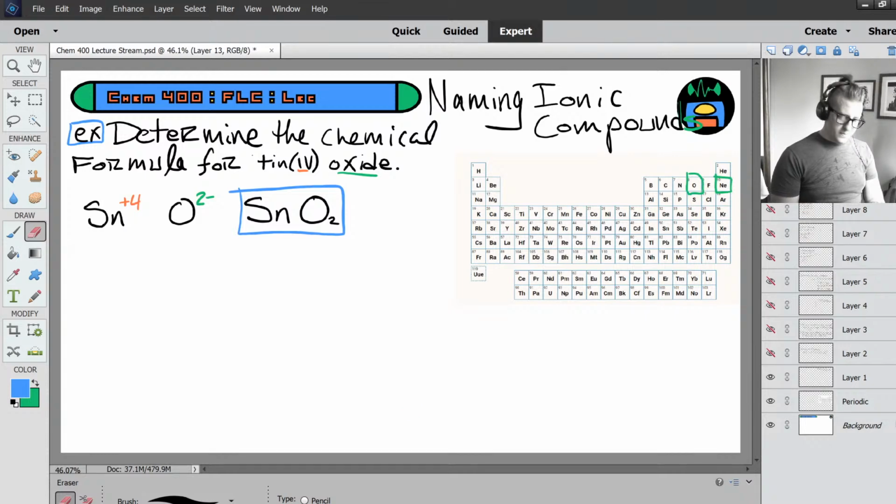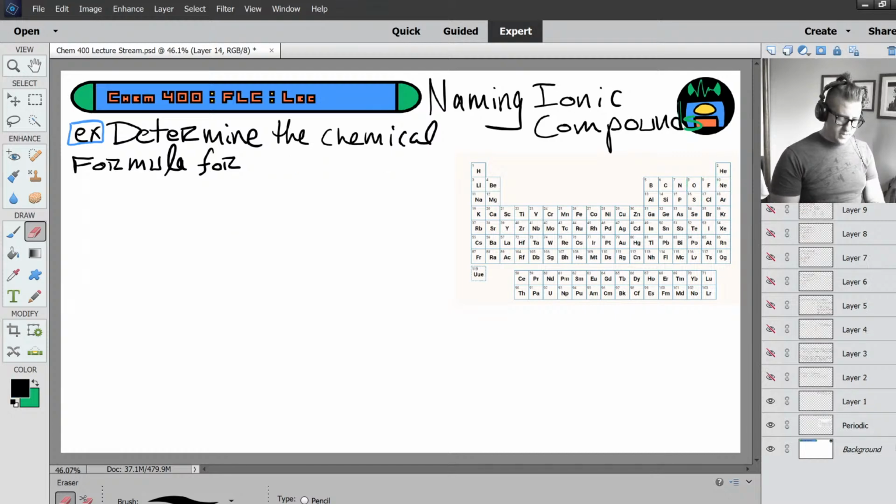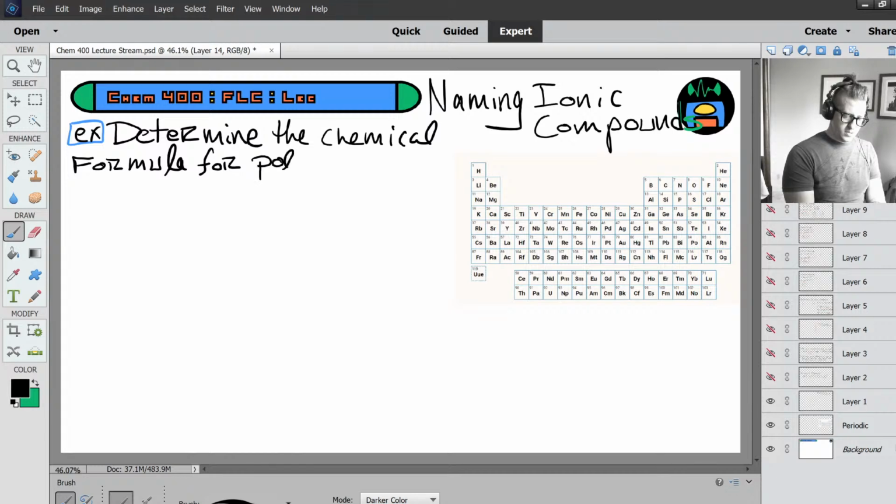All right. Let's do a few more. Let's determine the chemical formula for, I don't know, let's do polonium 3 fluoride.